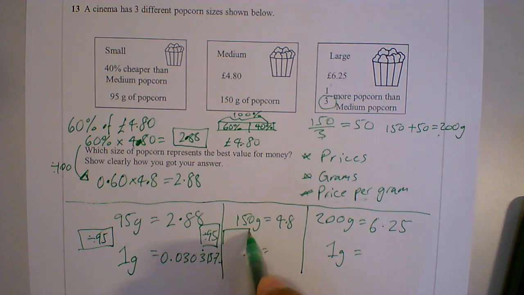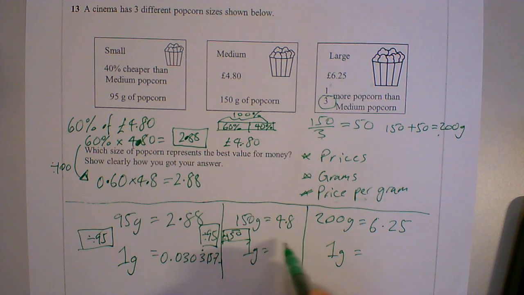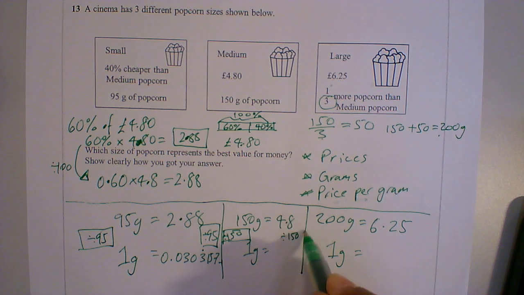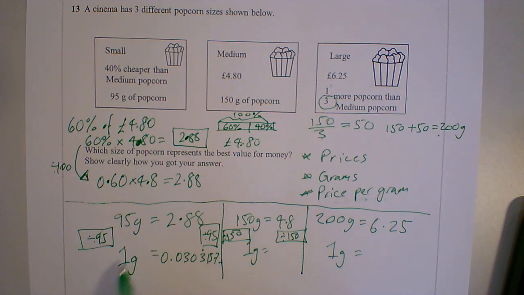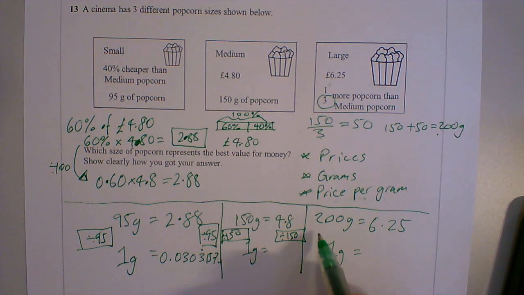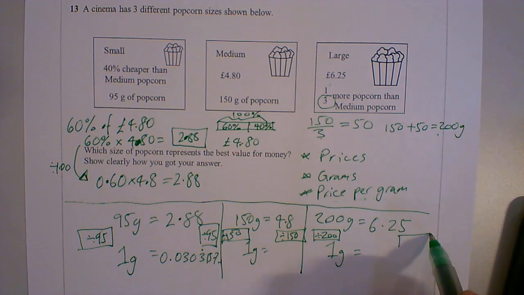Here I'm dividing by 150, so notice that to get to 1 you divide by the same number. So 95 divided by 95 gives me 1. 150 divided by 150 gives me 1, and the same thing for the other one. Divide by 200.